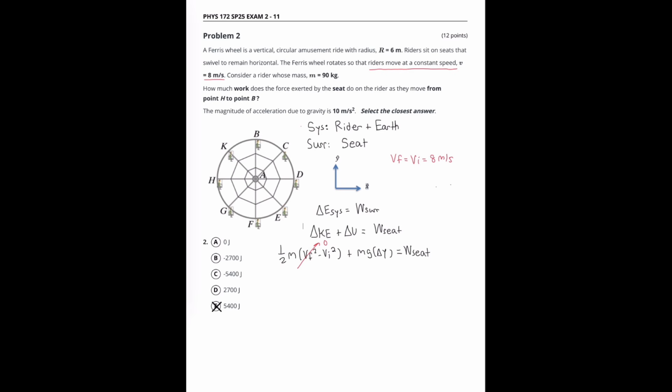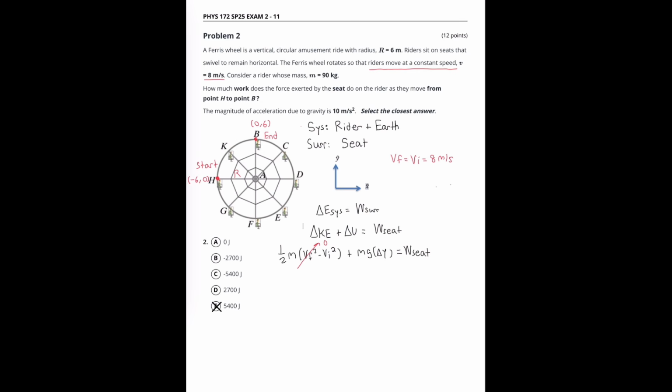So our starting point is h, and that will be at (-6, 0), because this is our radius r, and I'll call that start. And our ending point is b, which is at coordinate (0, 6). And let's call this end point.